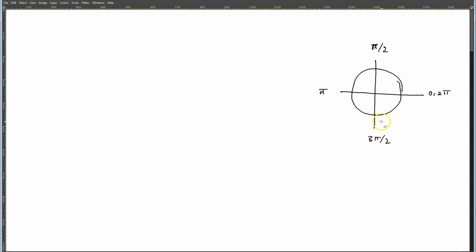For example, you want to know what is the sine of pi by 2 plus some angle x, and this happens to be the cos of x. What is the cos of pi by 2 plus some other angle? That is equal to negative sine x, and so on and so forth, right?